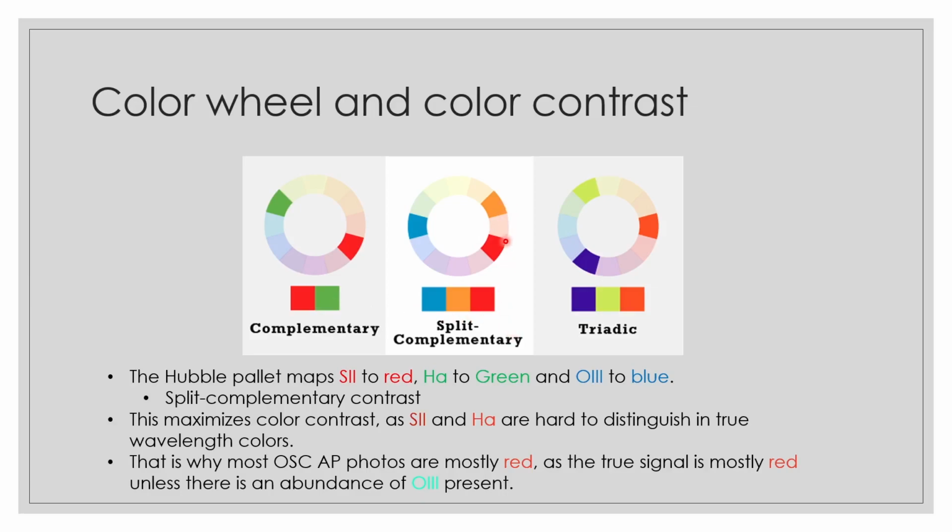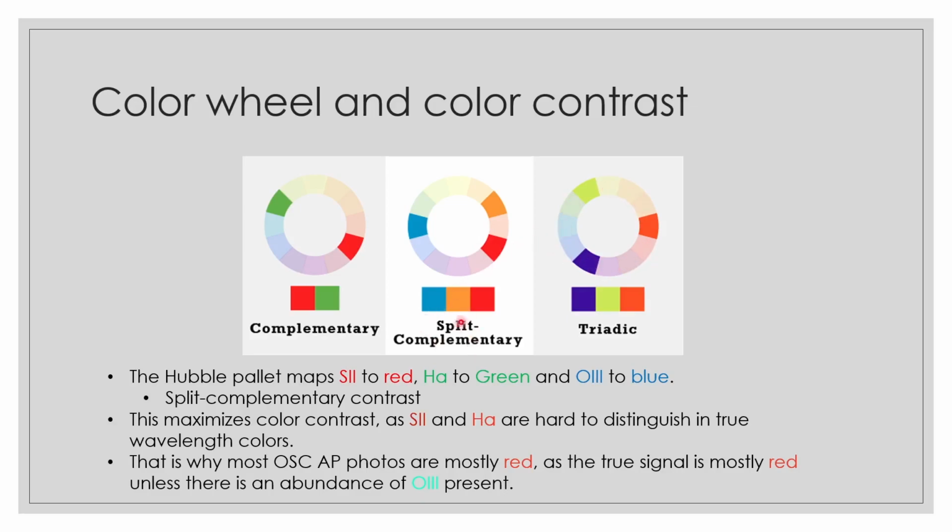So if you have 3 different, say, signals like we do, right? We have a red channel, a green channel, a blue channel. Well, we can map them to different colors that have maximum color contrast. And you can do this in different ways. You can do a triadic that has equal number of spacings between each of the colors you're using.